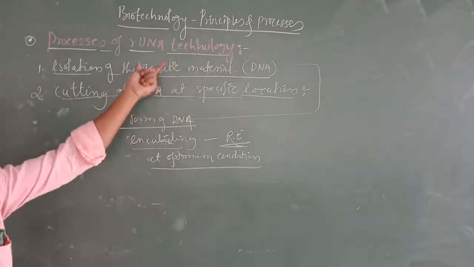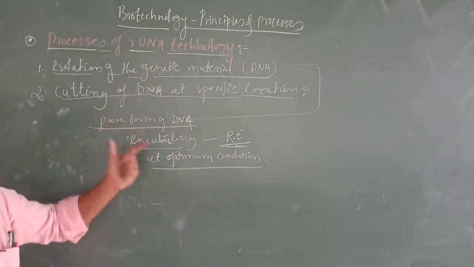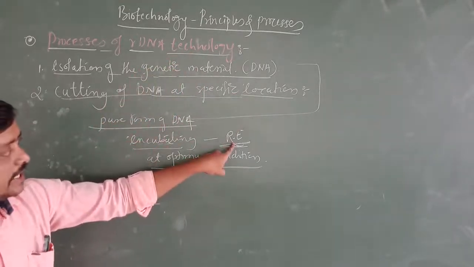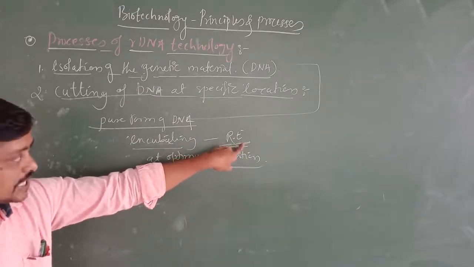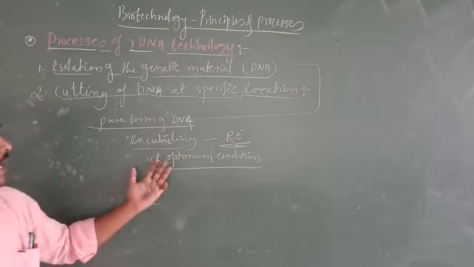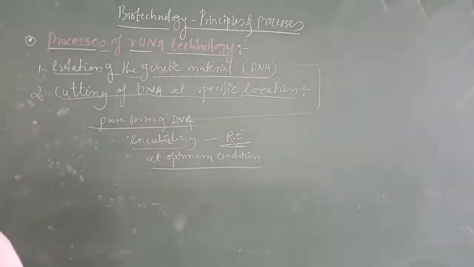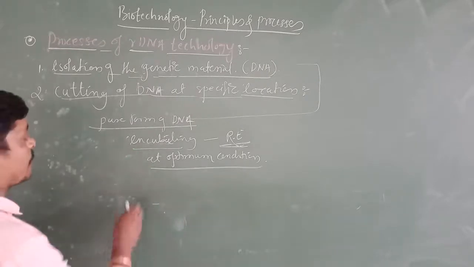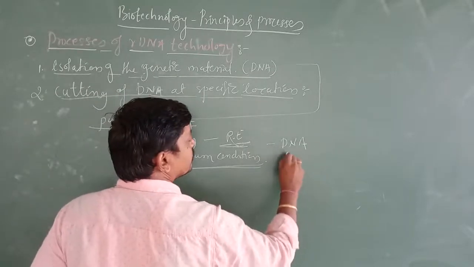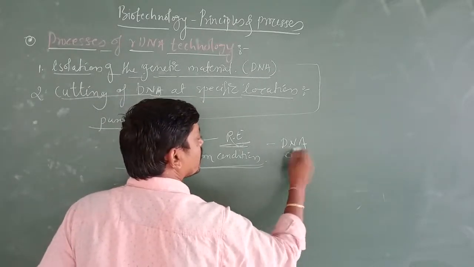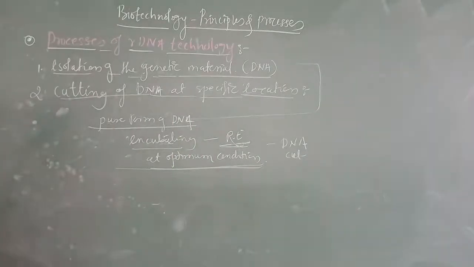We are going to take the isolated pure form of DNA and incubate it with the restriction enzyme at an optimum condition. Then you all know, after cutting the DNA, what you are going to go for?